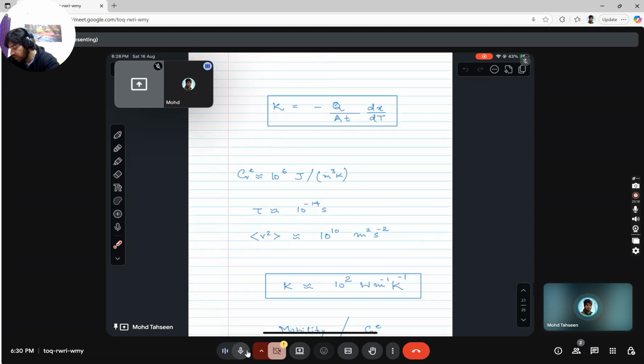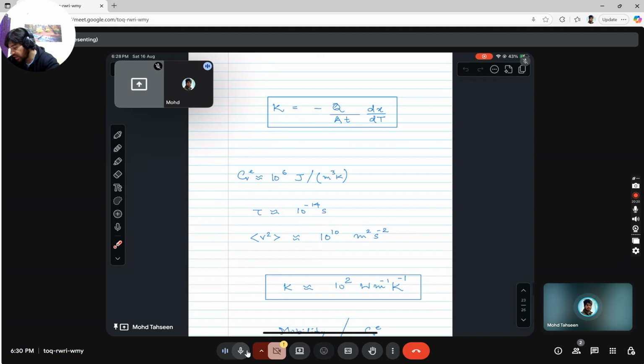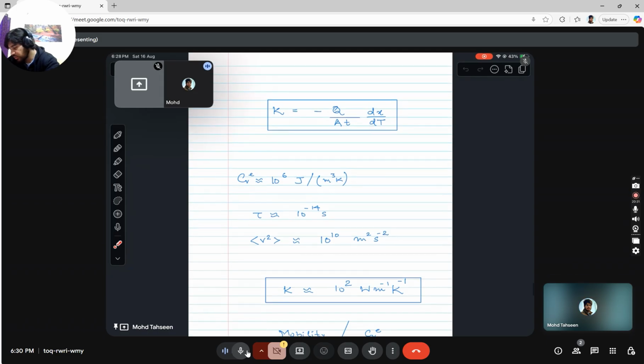So the question is, why is this value correctly predicted by the Drude model, while this value is not correctly predicted, right?